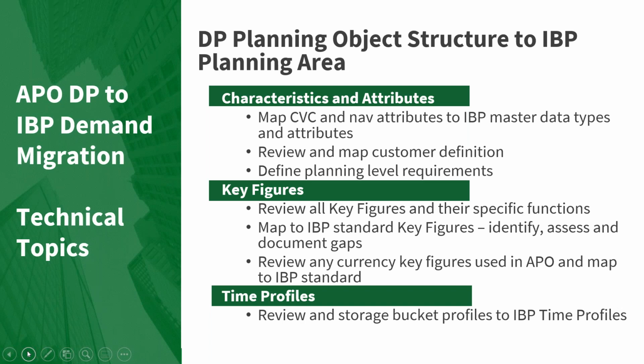So understand from demand planning and APO how you define what level you're planning, your aggregations, how you're creating your forecasts, your disaggregations, and then translate those into your planning level requirements for IBP so you can map those, right? And again, we're talking about a migration here. There will be a lot of new functionality that you want to change coming into IBP. So don't think of this as a one-to-one mapping, but really ask what's effective in your current tool set and map that effectively to IBP, okay?